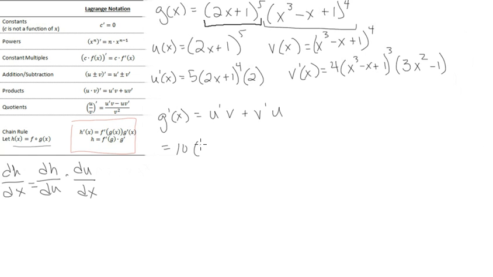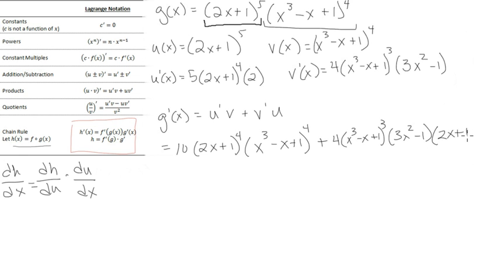I get 10 times 2x plus 1 raised to the 4th power times v, x cubed minus x plus 1 raised to the 4th power, plus the derivative of v, 4 times x cubed minus x plus 1 cubed times 3x squared minus 1 times u, which was 2x plus 1 raised to the 5th power.